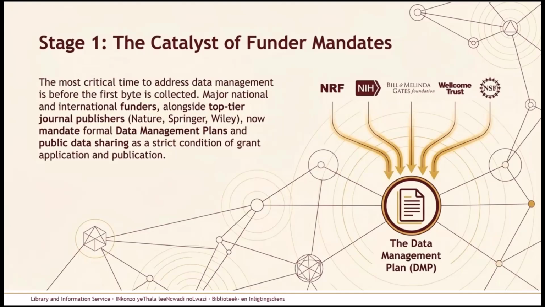So if it's not sensitive information, if it's not personal information, if there's not any kind of confidential geographic information related to endangered species, if there's a patent pending, if there's a publication pending, all of these stipulations will always determine when or how or if you can actually openly share the data.